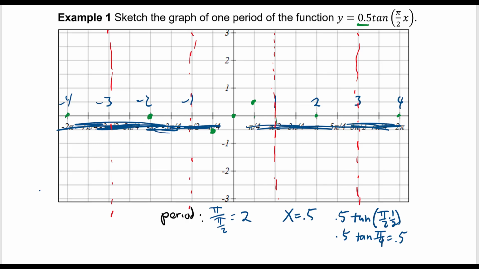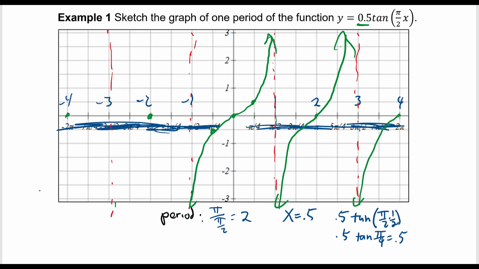It's going to be coming up like this and coming down like this. Likewise here, across there, and this would be coming up like that. So that's roughly how the graph would go.